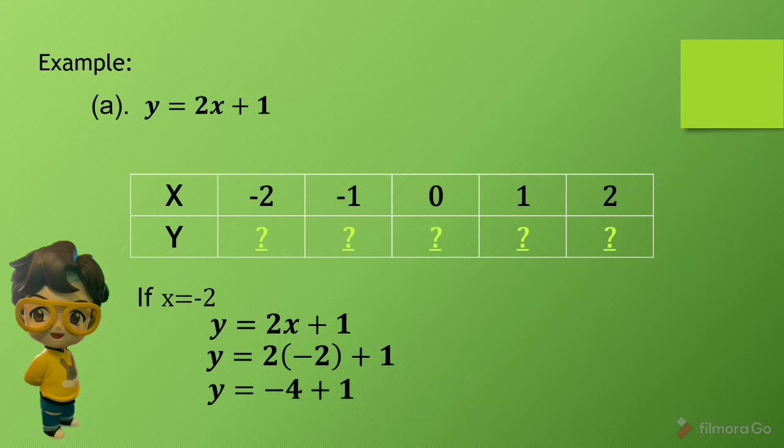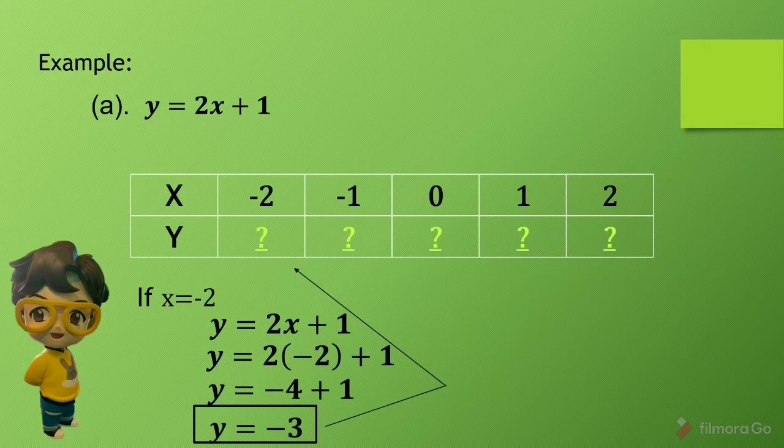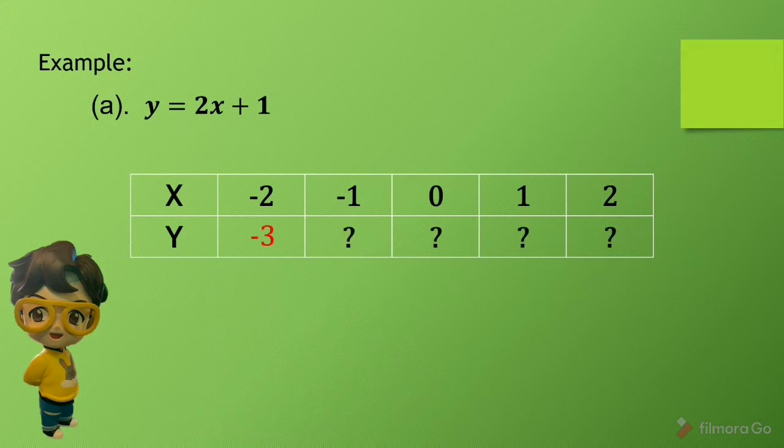So y is equal to -4 plus 1, and -4 plus 1 is equal to -3. So our y is equal to -3. Therefore, if x is -2, y will be -3, given the function y is equal to 2x plus 1. Same with the other values of x.